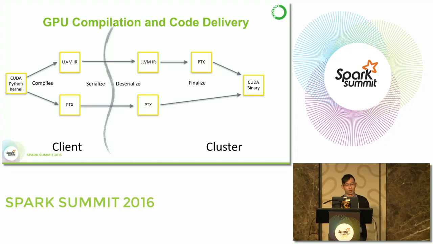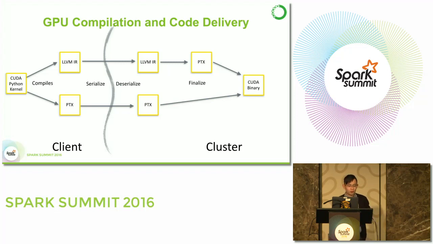So you can see there's two paths. Only one of these paths will be taken each time. Normally, we may take the LLVM IR, serialize it, and send it to those workers, and then it will convert it to PTX. PTX, you can think of it as a portable assembly for GPUs. And then it would get finalized to the CUDA machine code, the CUDA binary.